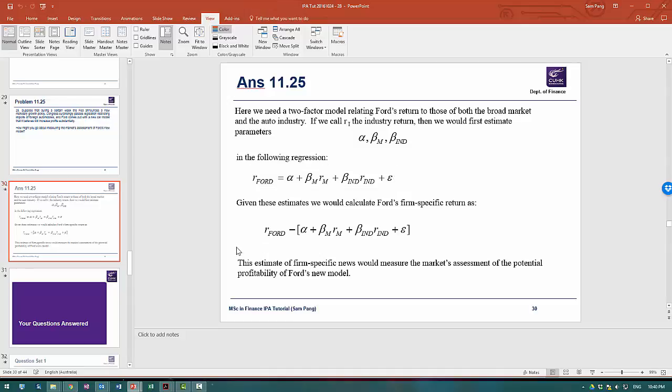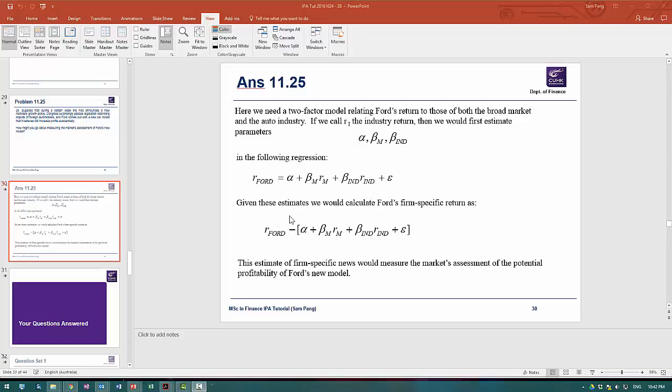Okay, then if the new model was completely irrelevant, then you would find that when you do this regression, you don't really get much significant alpha happening. The thing to think about is if you are measuring Ford's return prior to the announcement, then there really shouldn't be any alpha.